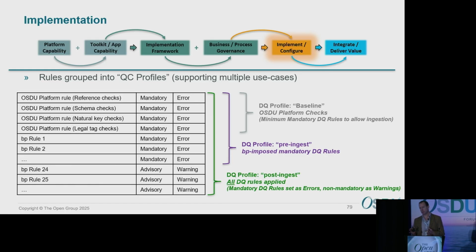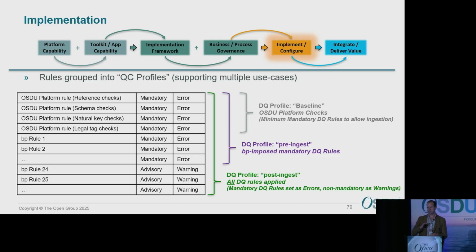Once we've created the rules in Alloy, Ryan alluded to this earlier, generally we create 3 data quality profiles. So the gray one there is our baseline check, and this is essentially the same data quality checks that we see in the manifest ingestion workflow, but we've applied them through Alloy so we can use them through the API. Makes it more flexible.